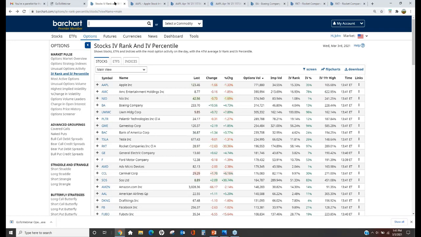So again, when we look at selling implied volatility or selling historical volatility in terms of our rank and percentage, I want to take into account a couple of considerations. First of all, I'm not going to do nakeds, right? I'm not going to just sell it as is. I'm probably going to do some type of a credit spread, right? Now, again, as I said to you before, credit spreads tend to take time.